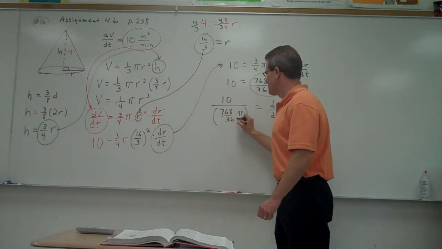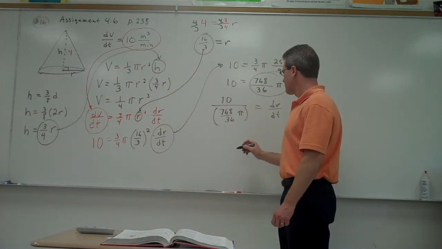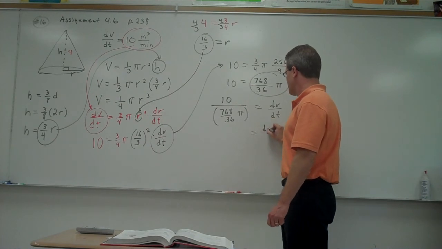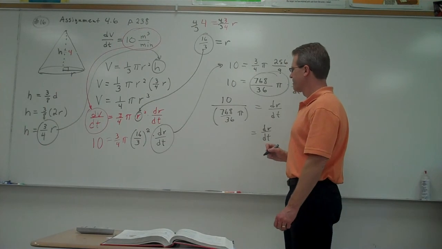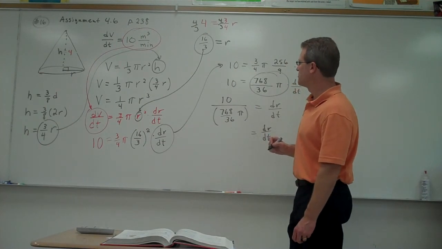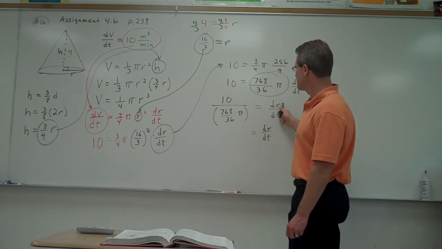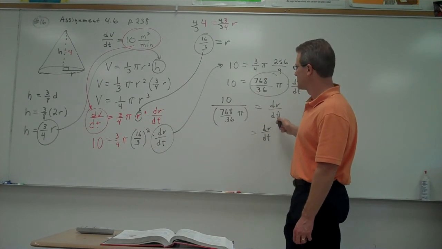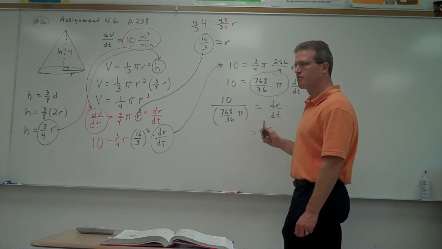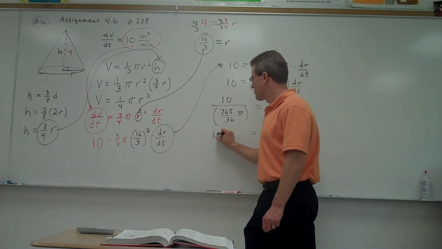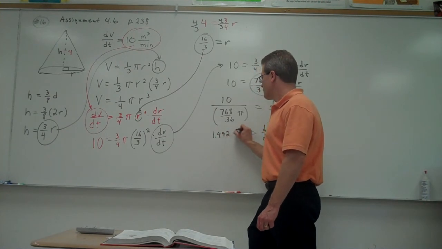Make sure you put parentheses around the denominator so you divide by that whole amount. And this will be in meters per minute. Change in radius will be in meters, change in time will be in minutes. 1.492 meters per minute.